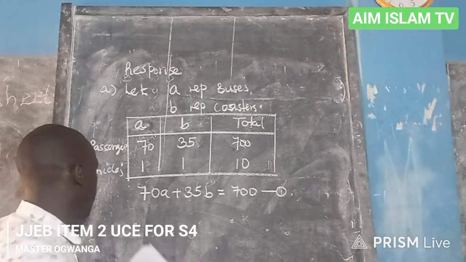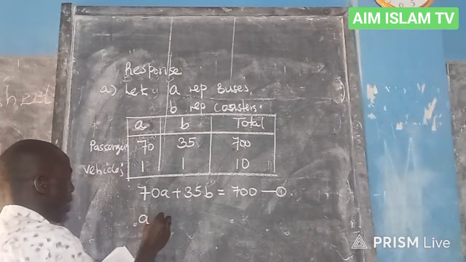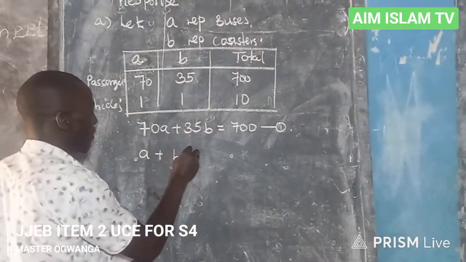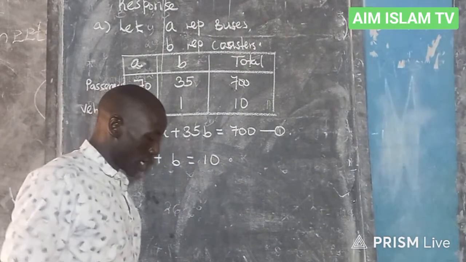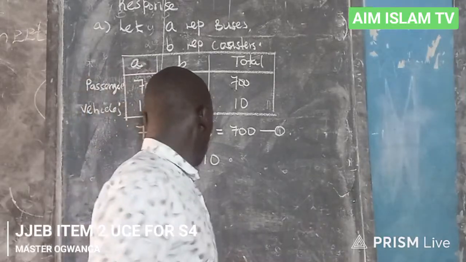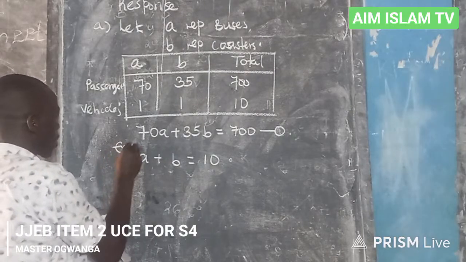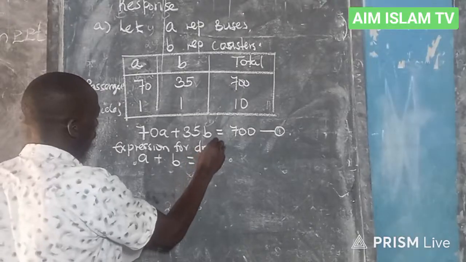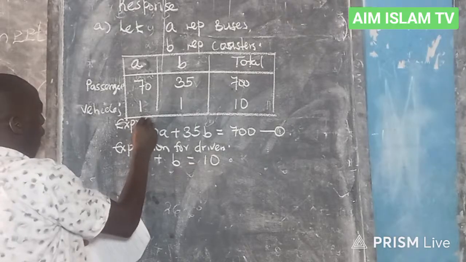Then for the vehicles combined, A times 1 plus B times 1 gives a total of 10 drivers. So this one also acts as an expression, the expression for drivers, and the other one is the expression for passengers.